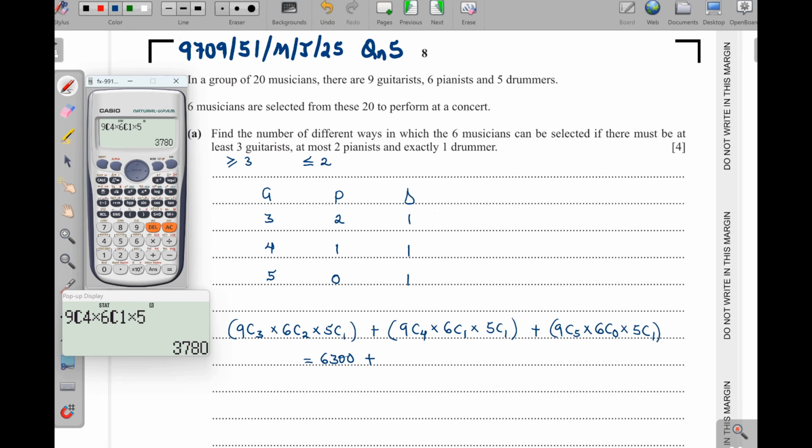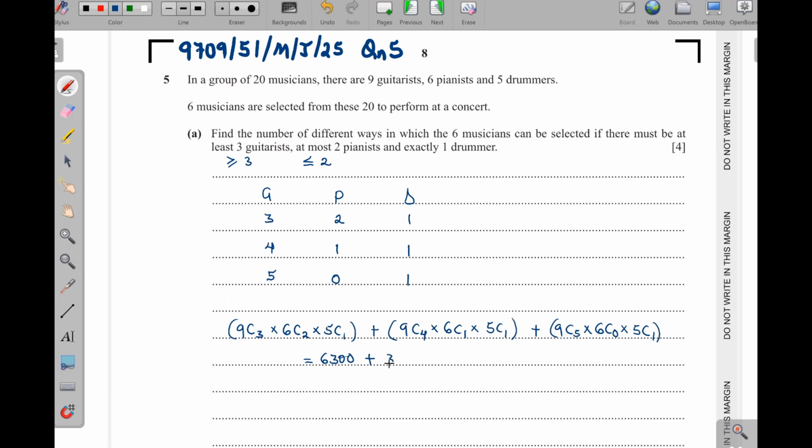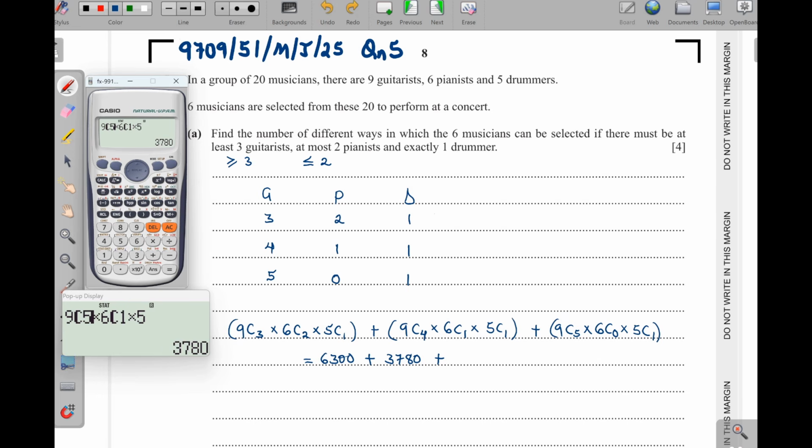So that is 3780. And then lastly, 9 combination 5 is the same as 9 combination 4. So long as these two numbers can add to the n that is here, then they will always give the same value. 9 combination 5, then 6 combination 0, that is a 1, and then times the 5, so that is 630.